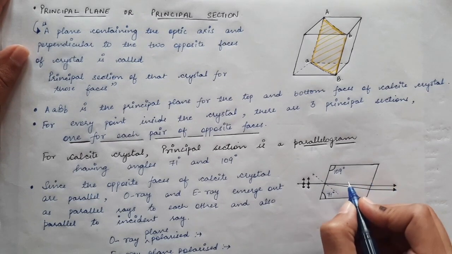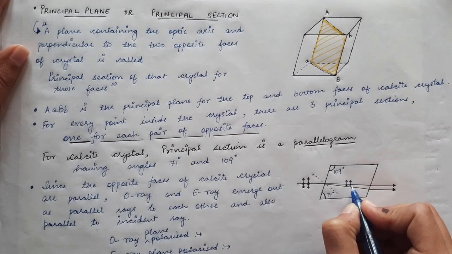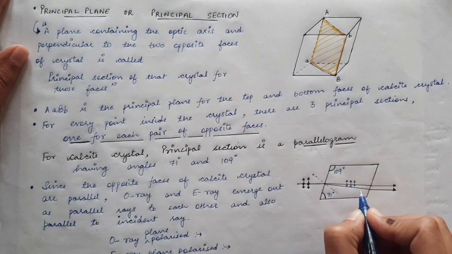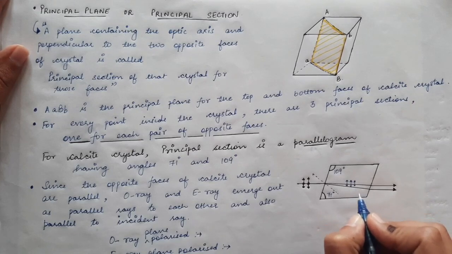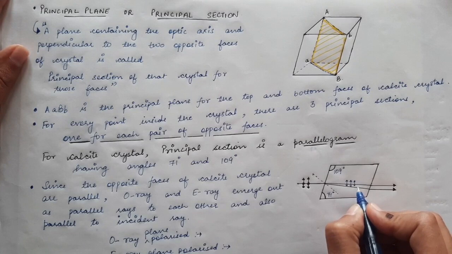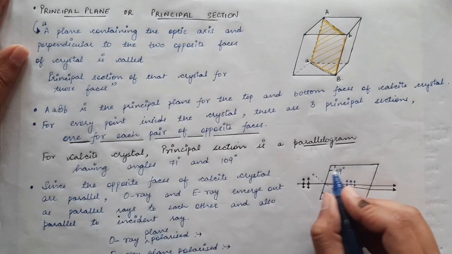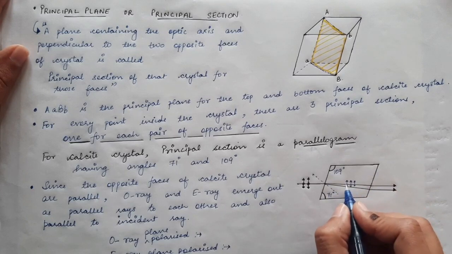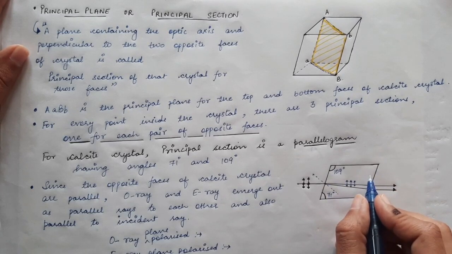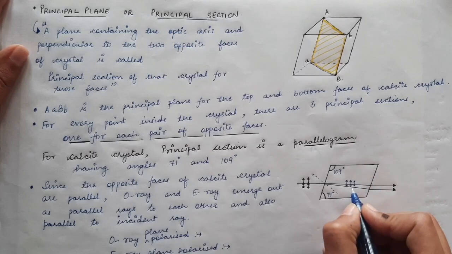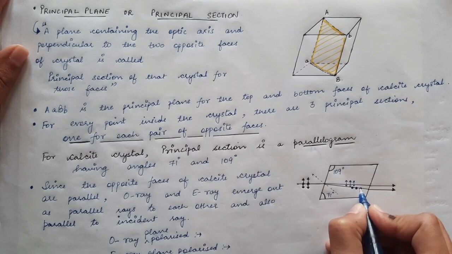The one which is at the top, this beam, will have its vibrations of the electric field in the plane of the principal section. Whereas the other ray will have its vibrations perpendicular to the principal section.